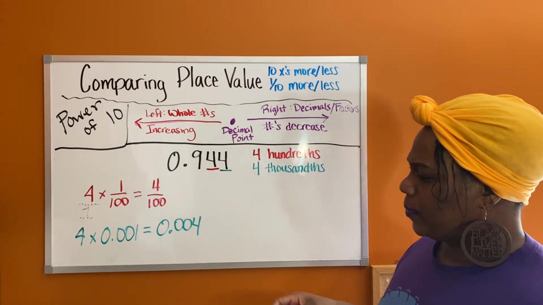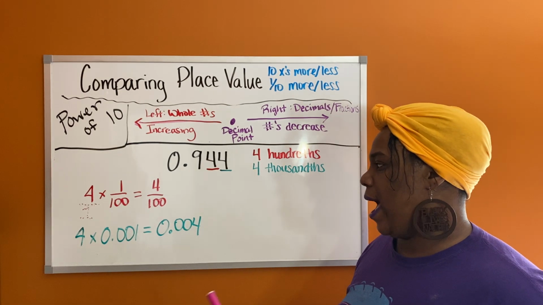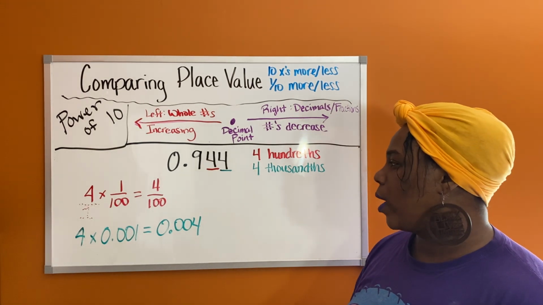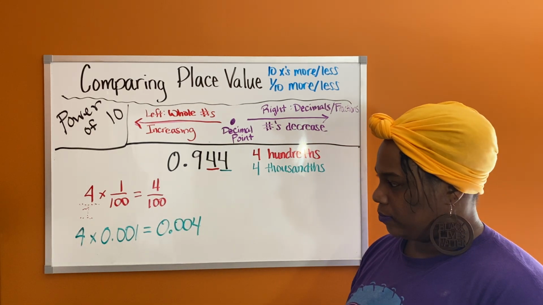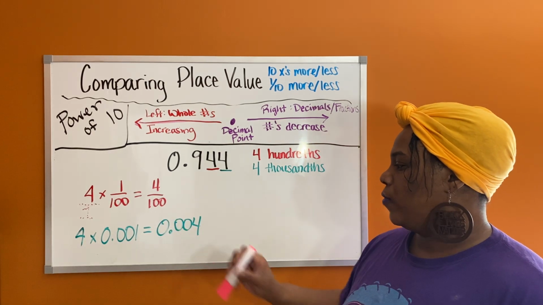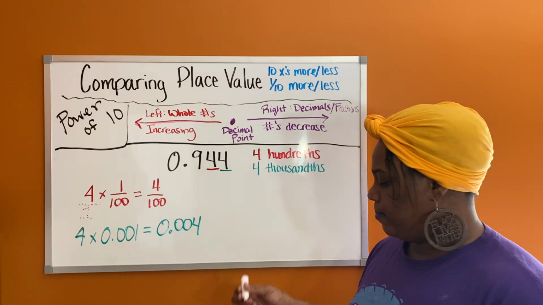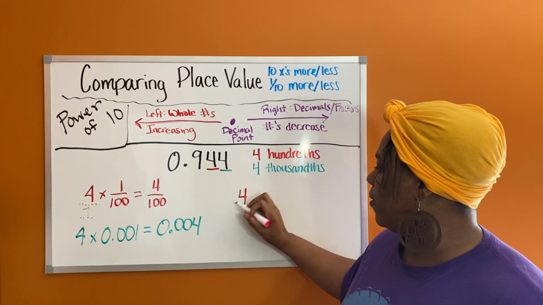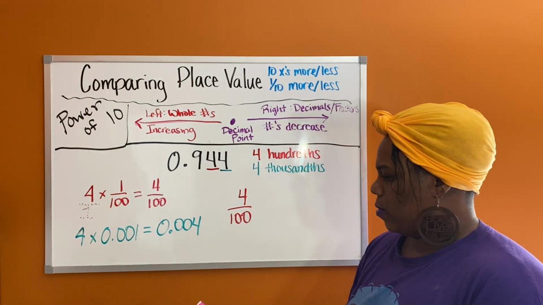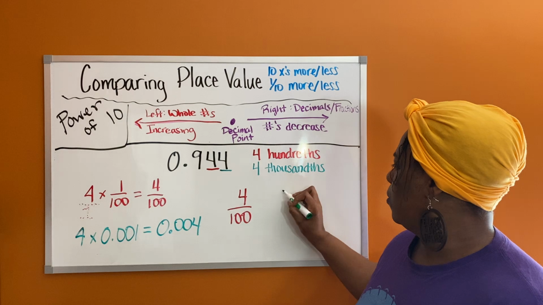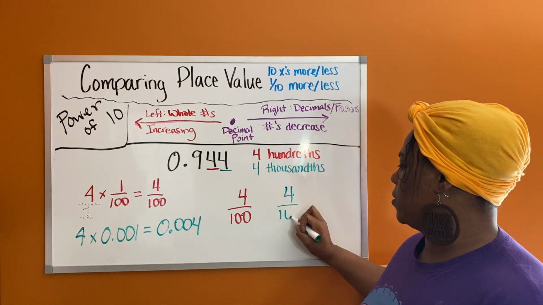All right, so now we need to look at what is the difference, or in other words, how do I get from 4 hundredths to 4 thousandths? So what's the difference between 4 hundredths and 4 thousandths?